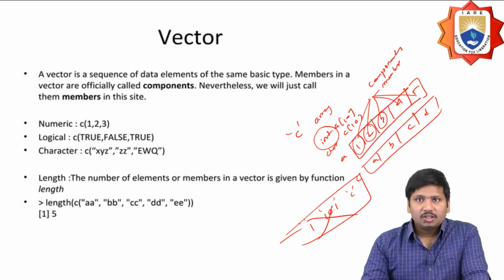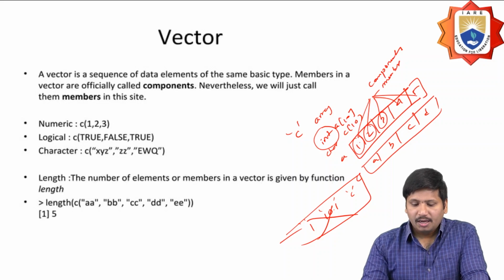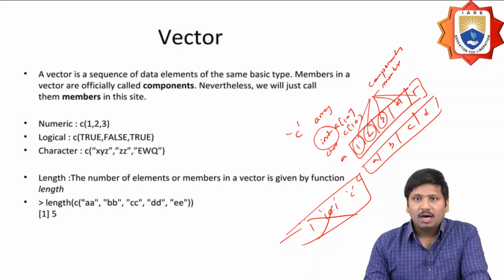So a vector is a collection of data elements of the same type, and the elements are called components, or members.